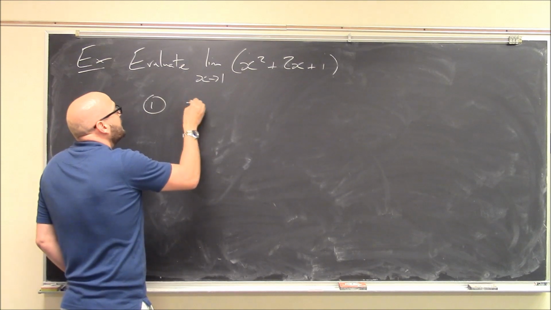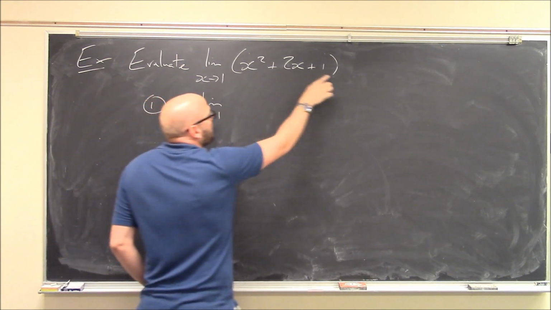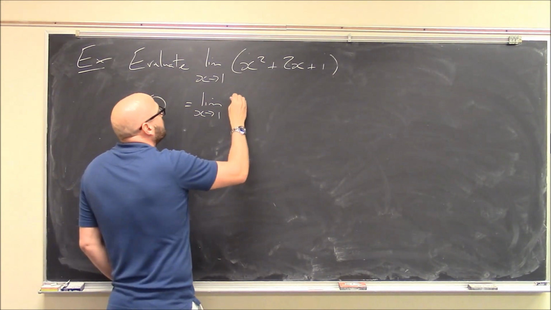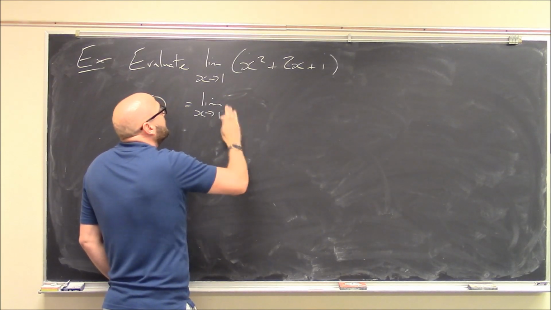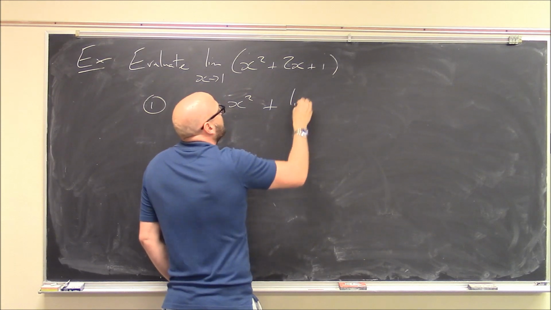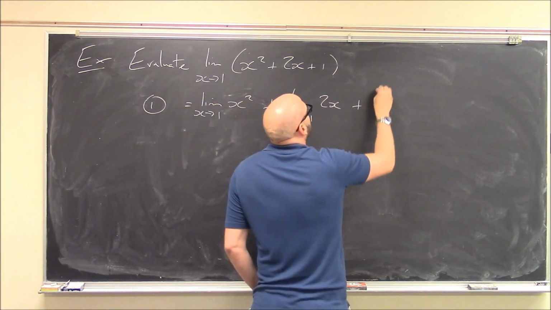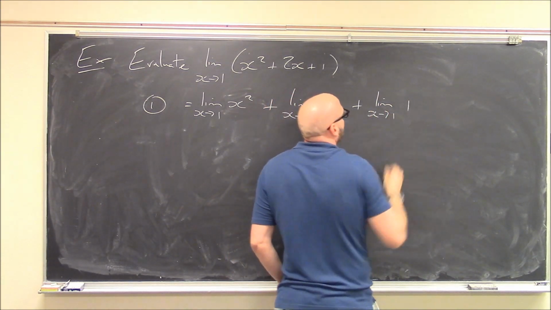Our limit laws say I'm taking the limit of a sum of a bunch of functions, so I can break it up into a sum of limits. This would be the limit as x approaches 1 of x squared plus the limit as x approaches 1 of 2x plus the limit as x approaches 1 of 1.